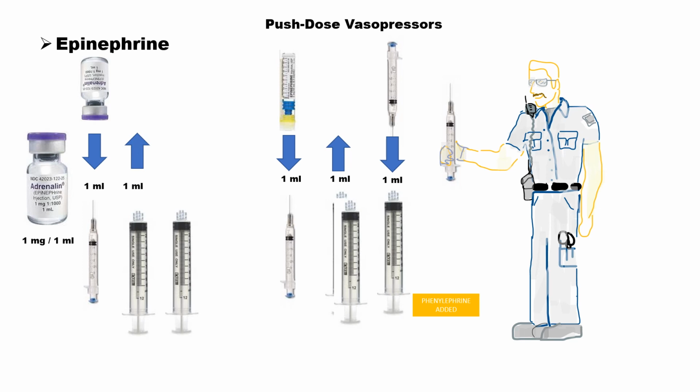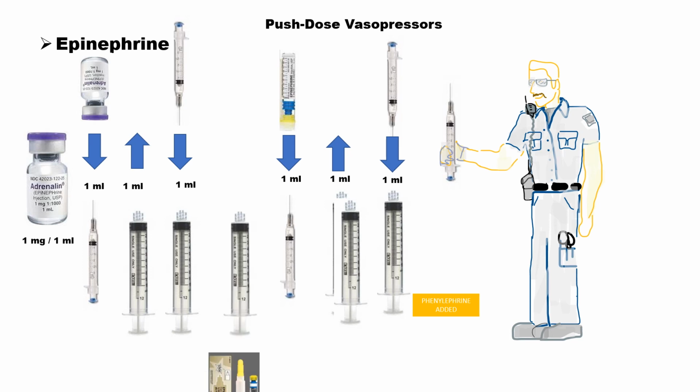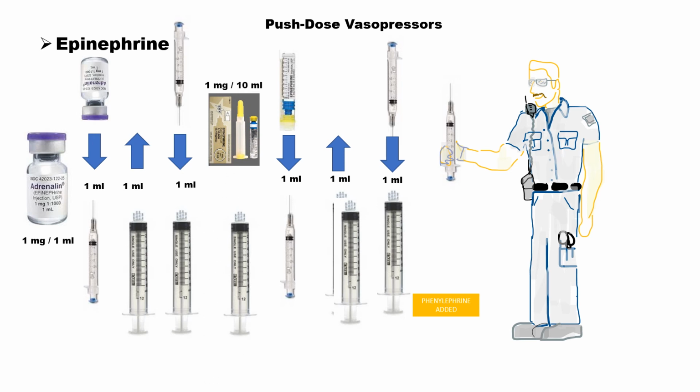Then you have 9 milliliters of saline in your syringe. And you're going to add that 1 milliliter of 1 to 1,000 epinephrine, and that will be the proper 1 to 10,000 or 1 milligram per 10 mL mixture, which is the same as the Bristoject. And you can continue on with your push dose preparation from there.